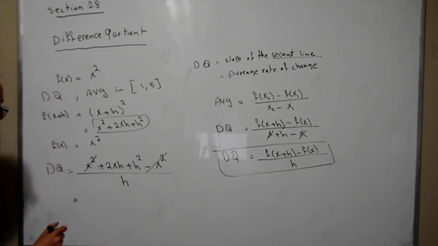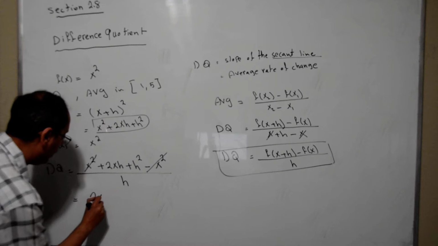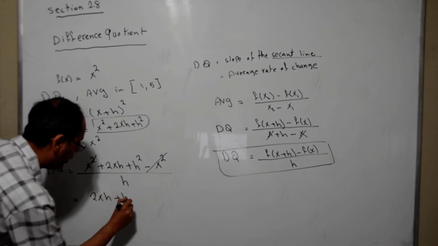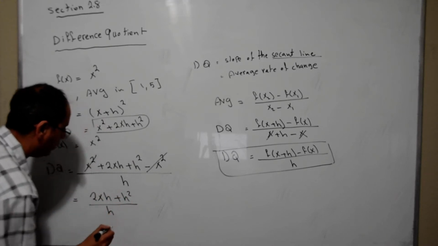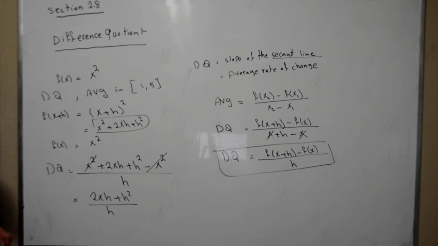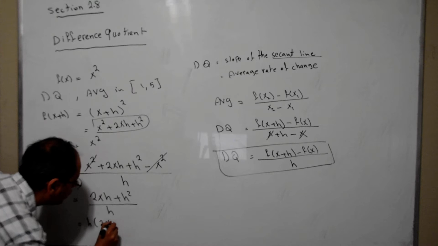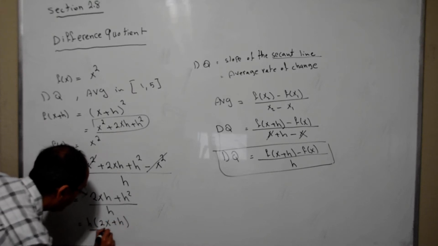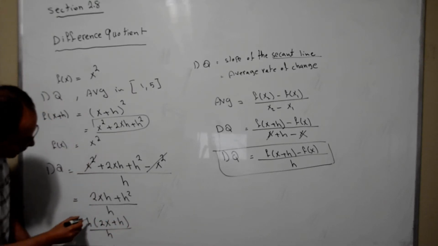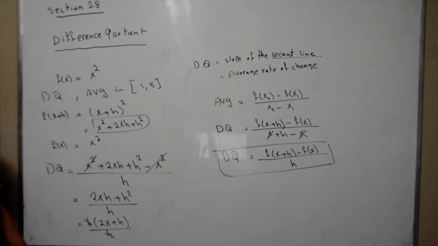And I have here 2xh plus h squared over h. So I can factor h. So I have h times 2x plus h, over h. And we can cancel h with h, it's cancelled out.